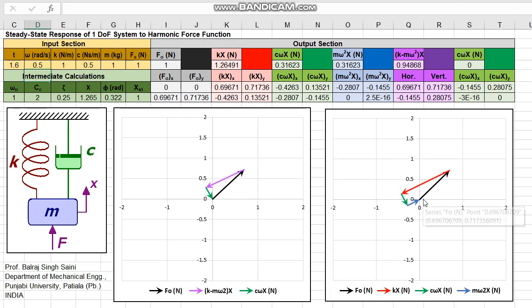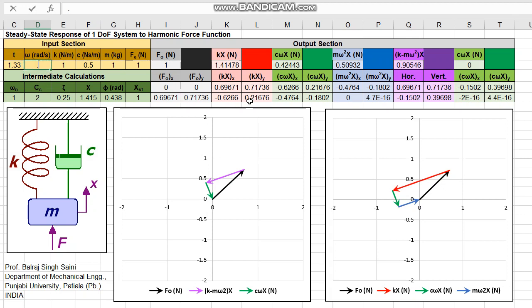So here in this diagram on the right, we have this vector F naught. The legends are given at the bottom of the charts. This red vector represents the spring force, this green one represents the dashpot force, and the blue one represents the inertia force. So as we keep increasing omega and as it approaches the natural frequency, you see the phase angle phi undergoing a change.